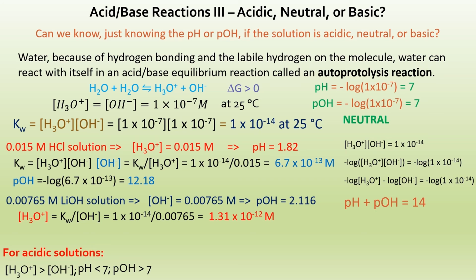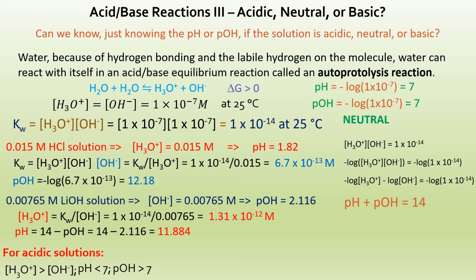The second way we can get to the hydronium concentration is to use our new equation, pOH plus pH equals 14. We know the pOH is 2.116, so the pH must be equal to 11.884. Now we know that pH equals minus log of the hydronium concentration, so we can rearrange the equation to solve for the hydronium ion.